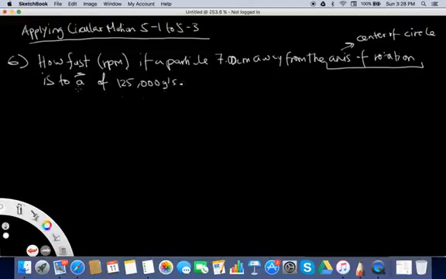All right, so we need to know how fast in revolutions per minute. Let's highlight this. They want a specific unit. So how fast in revolutions per minute must a centrifuge rotate if a particle 7.00 centimeters away from the axis of rotation, another way of saying center of the circle, is accelerating at 125,000 G's.